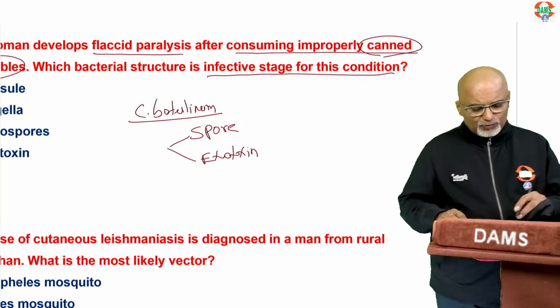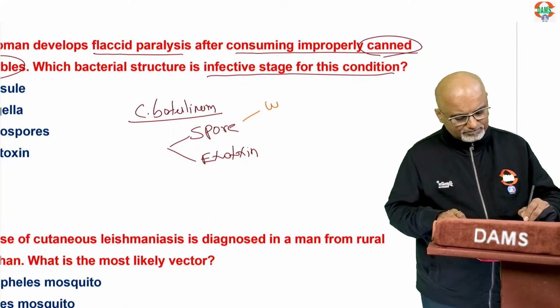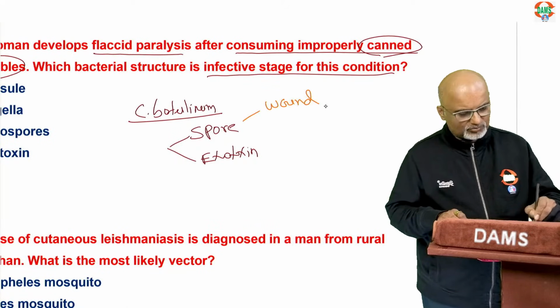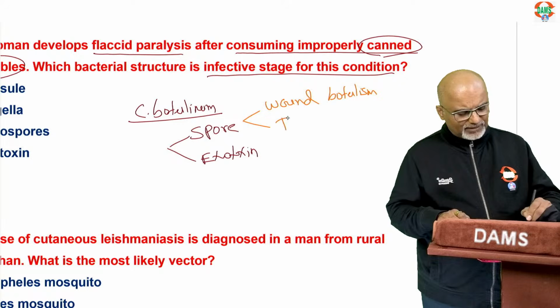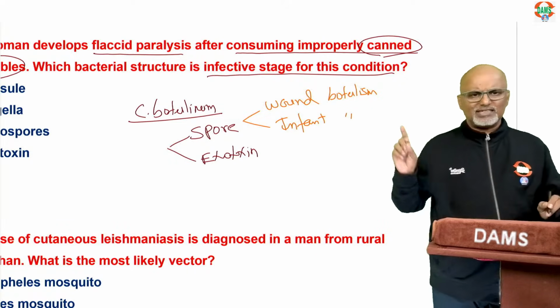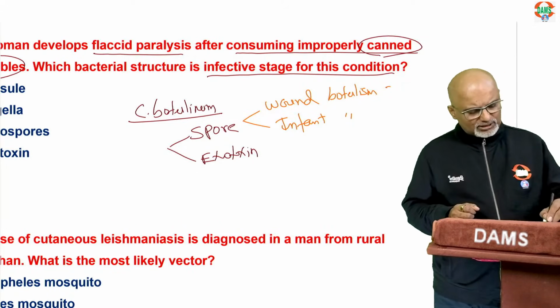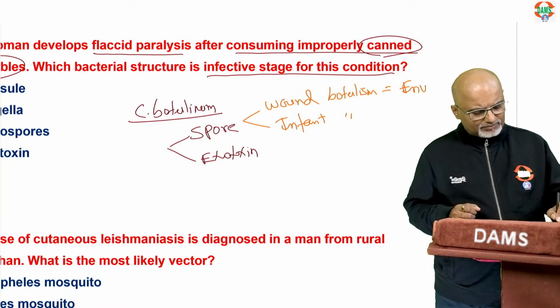In case of wound botulism and infant botulism, spore is the infective stage. Wound botulism, spore from environment. Infant botulism, spore from honey.